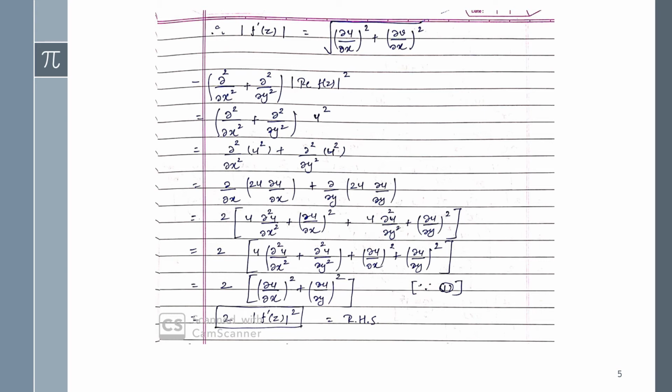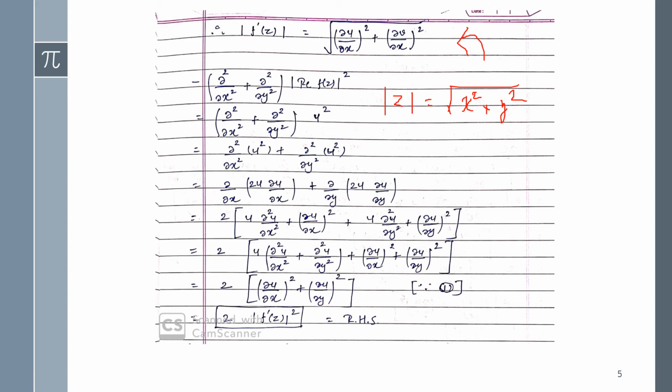If you are not getting it, then I'm writing here mod z equals the under root of x square plus y square. Okay, so based on this formula I have written the mod of f dash z. So it will be the under root of del u upon del x whole square plus del v upon del x whole square.